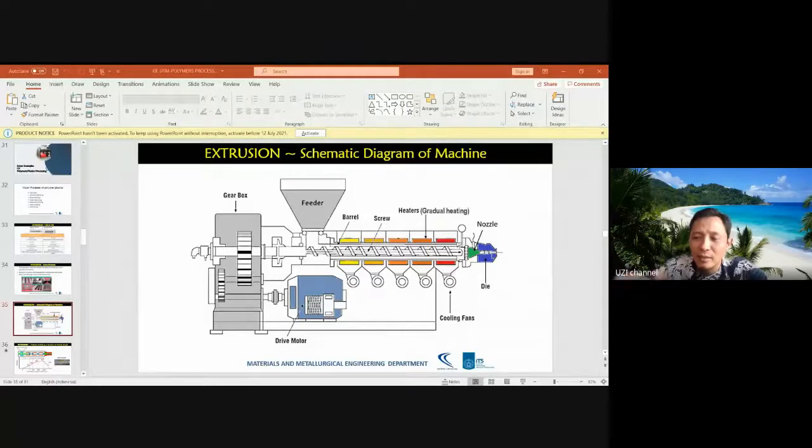Of course, metal also has to be formed in the plastic region. Of course, it needs heating. To get the polymer into the plastic region, we need to heat it up. After that, we just deform it into a specific form.